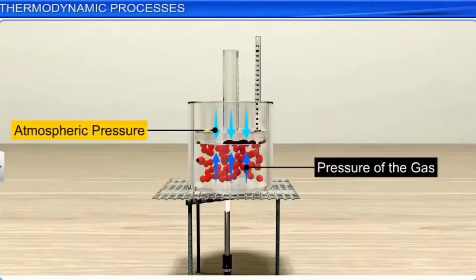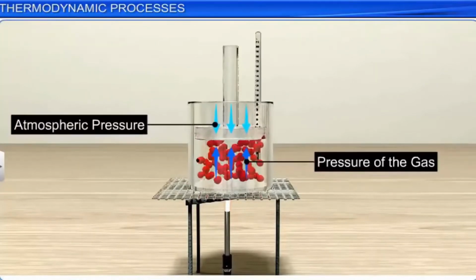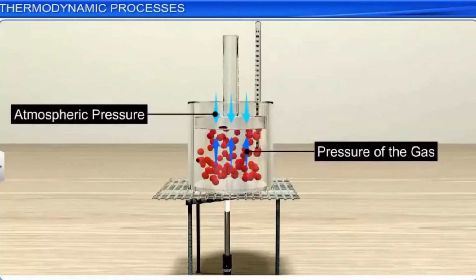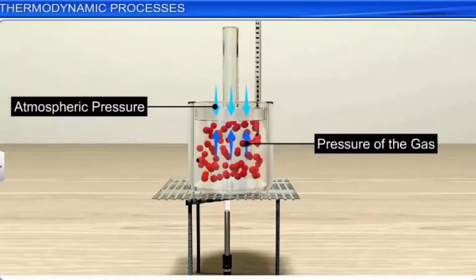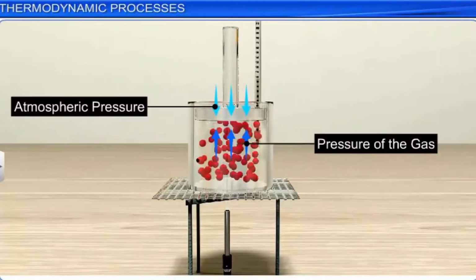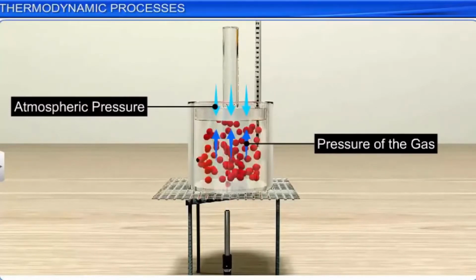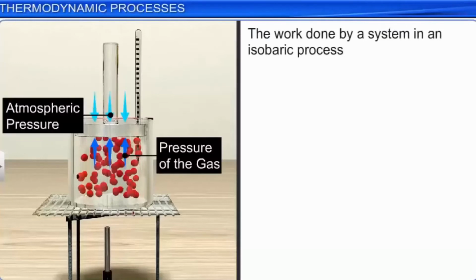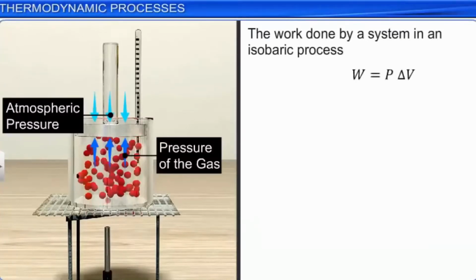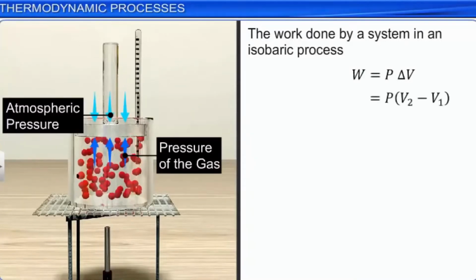In this case, a part of the heat absorbed is used to increase the internal energy of the system and the remaining heat is used to do work. The work done by a system in an isobaric process is W is equal to P delta V, which is equal to P into V2 minus V1.